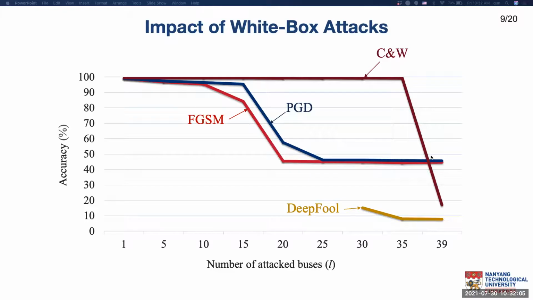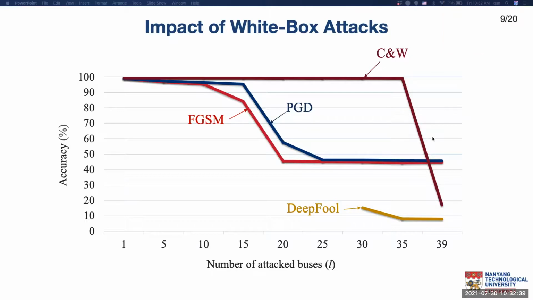Then I believe C&W will have a very high attack success rate. But in the case of the VSA situation, it's very difficult to attack every bus voltage trajectory, because it brings a very high attack overhead.